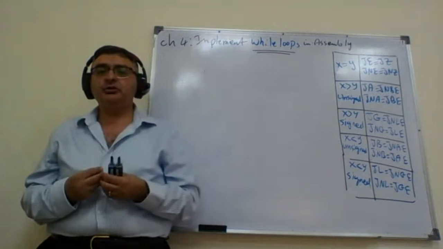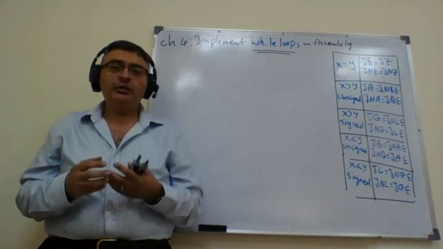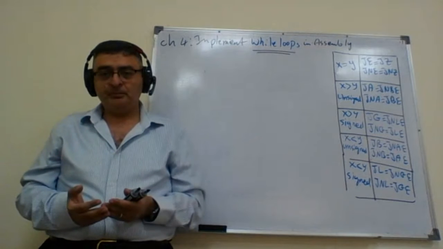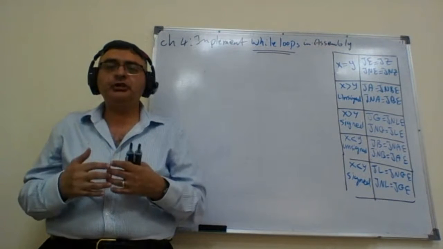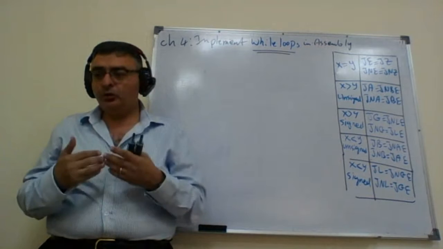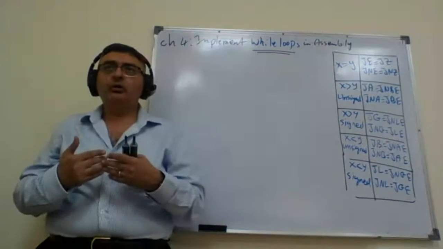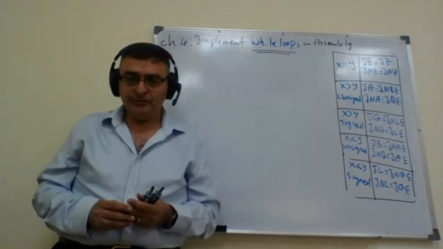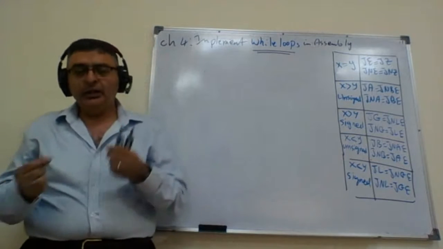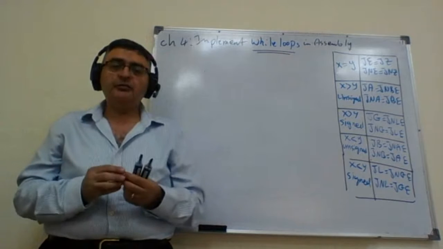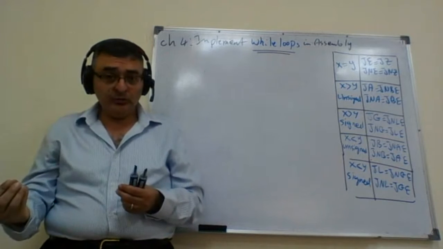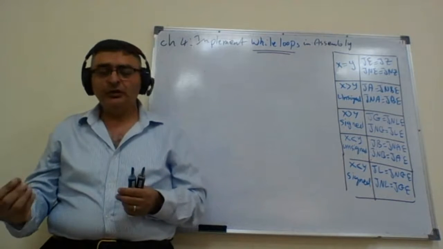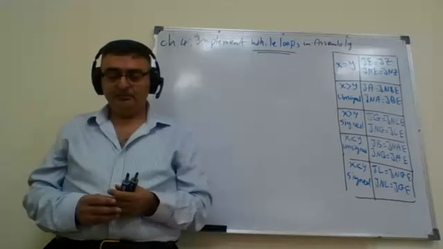Based on the calculation that you are doing in the while loop, the number of iterations may change depending on the numbers. There is no need for the programmer to calculate the number of iterations beforehand. The while loop automatically will check for a condition. If the condition is true, the while should continue. If the condition is false, the while should terminate.